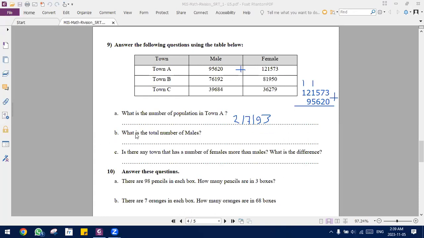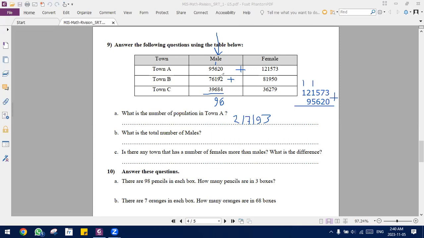Then, what's the total number of male? Total number of male. Okay. So they are asking about this column this time. How can I find the answer? We add all of these. Let's add them vertically. 0, 2, and 4 is 6. 8 and 2 is 10. Plus 9 is 19. 9, we carry 1. 6 and 6, 12.